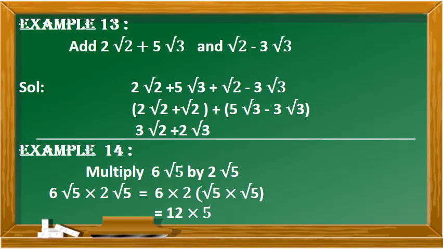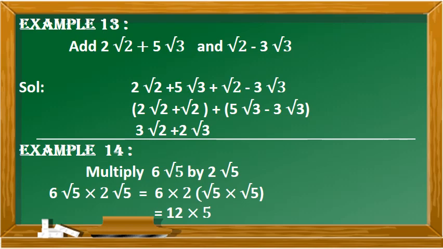The 13th example is to add 2 root 2 plus 5 root 3 and root 2 minus 3 root 3. Now we have to add up these two expressions: 2 root 2 plus 5 root 3 plus root 2 minus 3 root 3. Now you can see root 2 is common.